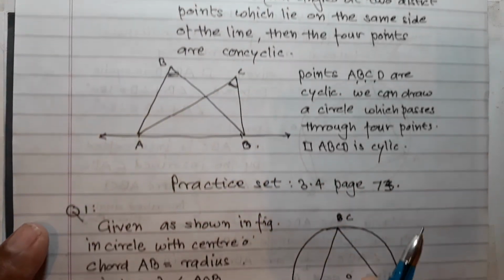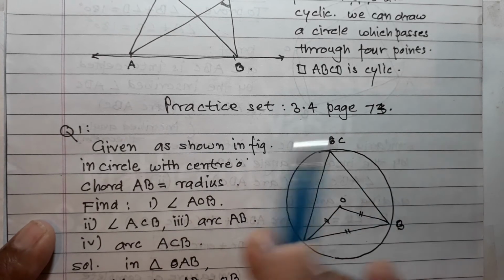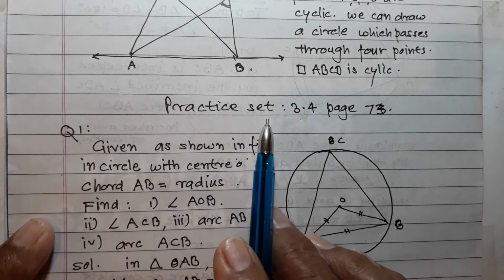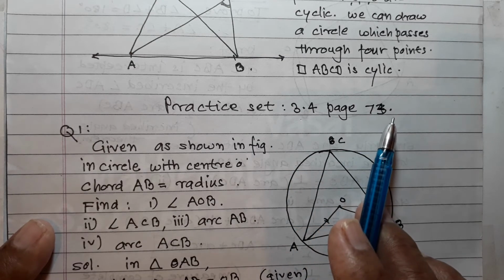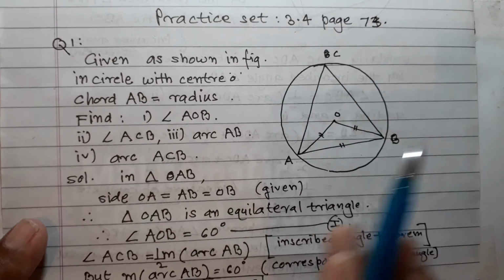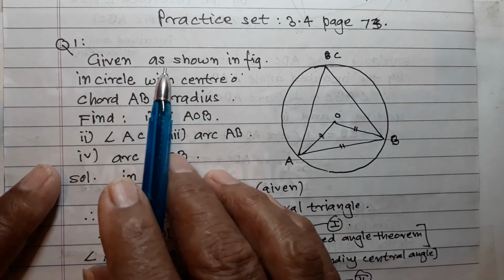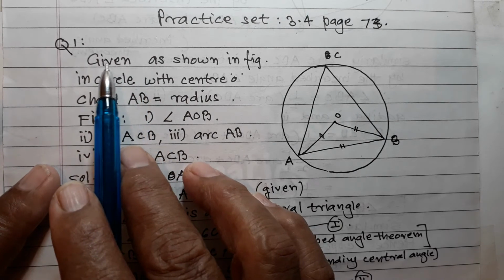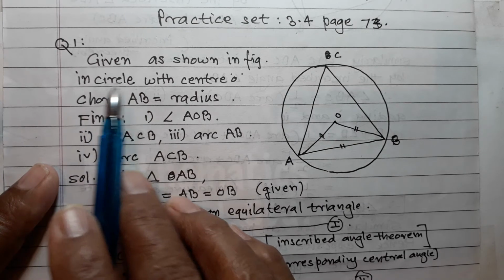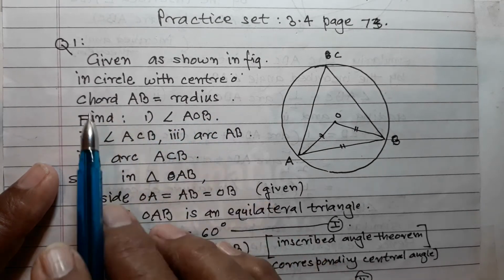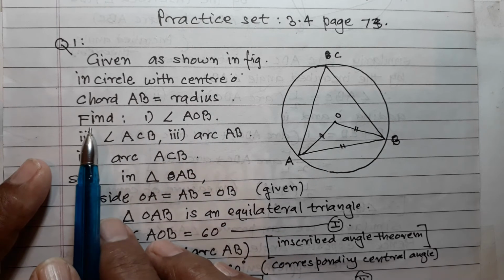For better understanding, I take some examples from practice set 3.4, page 73. Question number 1. As shown in the figure, in a circle with center O, chord AB is equal to the radius.